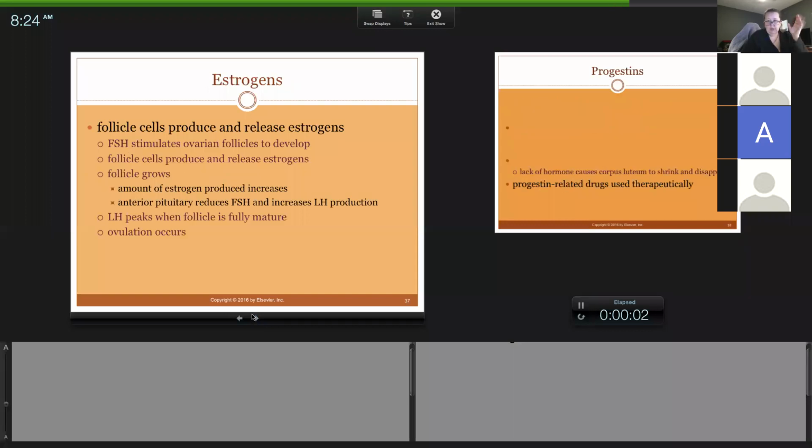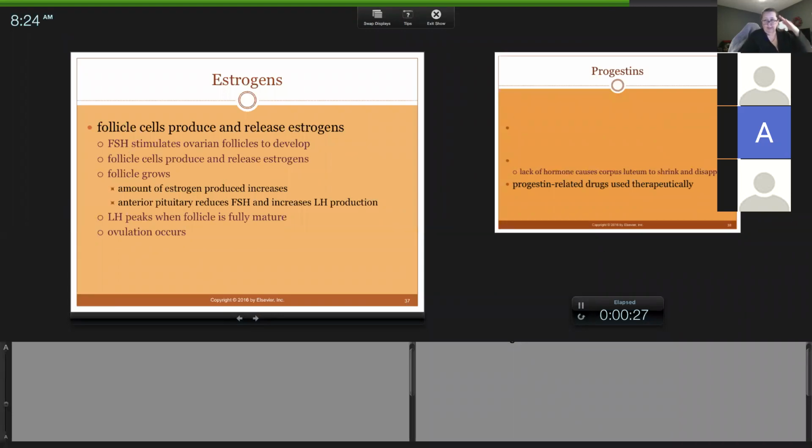Now, the estrogen is the primary female hormone. And when the follicle is stimulated, the ovarian follicle under FSH, follicle stimulating hormone, the follicle has an immature oocyte, basically an egg cell, and it's going to be developed. And as it grows, estrogen is going to grow and release.